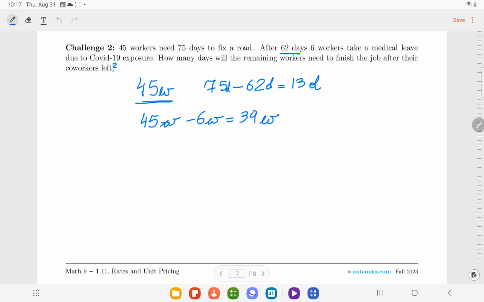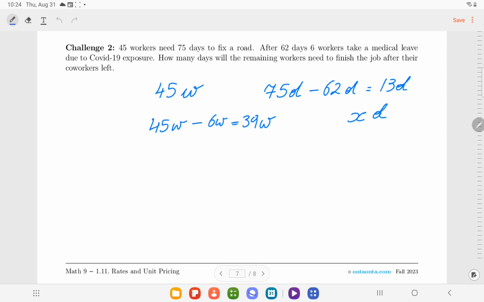Make sure you try the solution yourself before you check. We know that 45 workers would need 13 days, but we don't know how many days 39 workers will need. Obviously they will need longer than 13 days because there are fewer of them. Let's think about it this way.